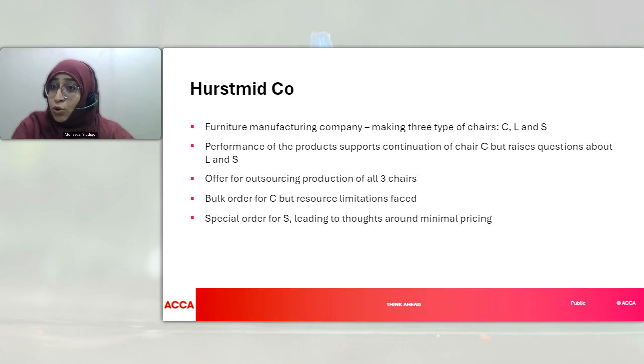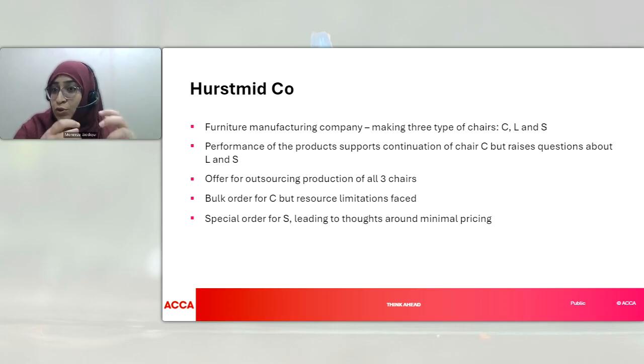We've also got a bulk order for chair C, but there are certain resource limitations. And we've got a special order for chair S, but we have to think about how to price it effectively. So all in all, this question relates to decision making techniques, right? The relevant costing analysis concept is being examined in this particular case.